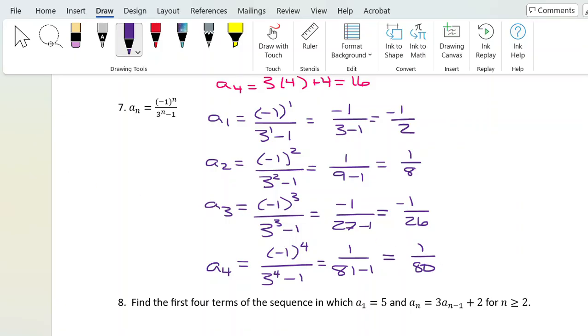So what happens when I have this negative 1 to the n power is that it flips the sign from positive to negative as I go through my sequence. So negative 1/2, positive 1/8, negative 1/26, and positive 1/80. So those are my first 4 terms.